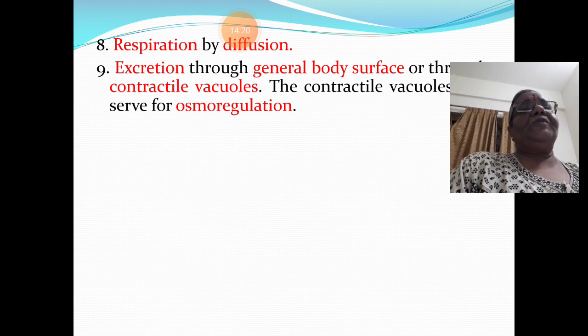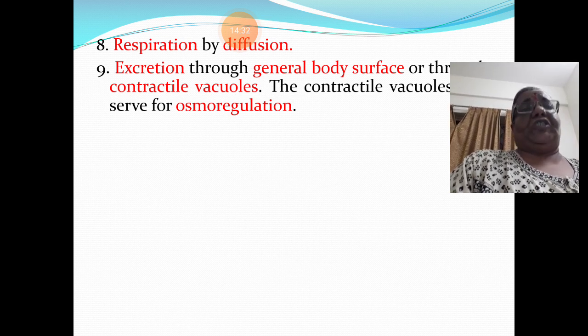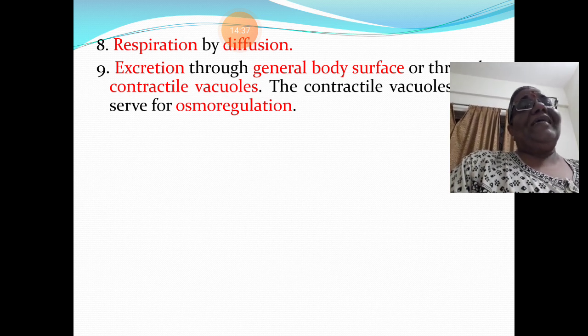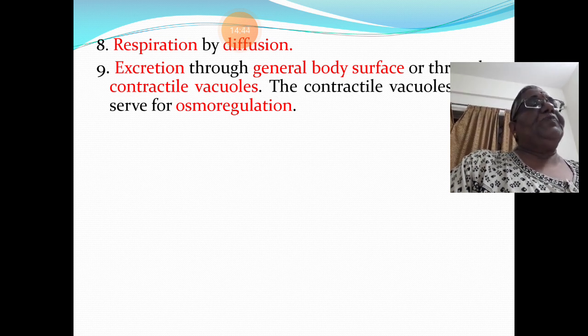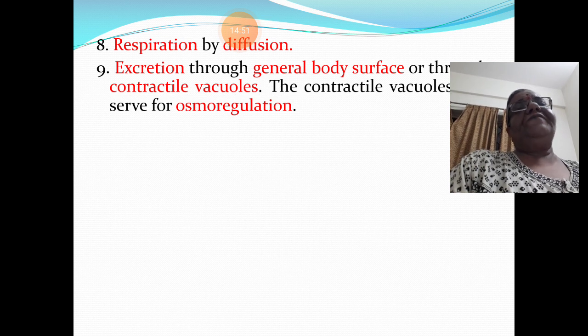And that happens in protozoans through general body surface or through special structures called contractile vacuoles. Whereas throwing out of undigested food is egestion. So please note, excretion and egestion are not same. Excretion is not throwing out of undigested food. It is disposal of metabolic wastes. So it happens through general body surface or through contractile vacuoles.